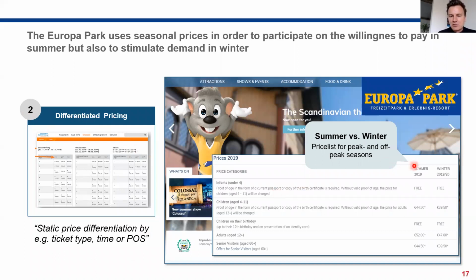You can see here on the right side, they have a summer and winter period, and for adults, they have a €5 price differentiation. So the Europapark already took the first step, and they differ their pricing based on season time. And season time obviously correlates to expected demand.